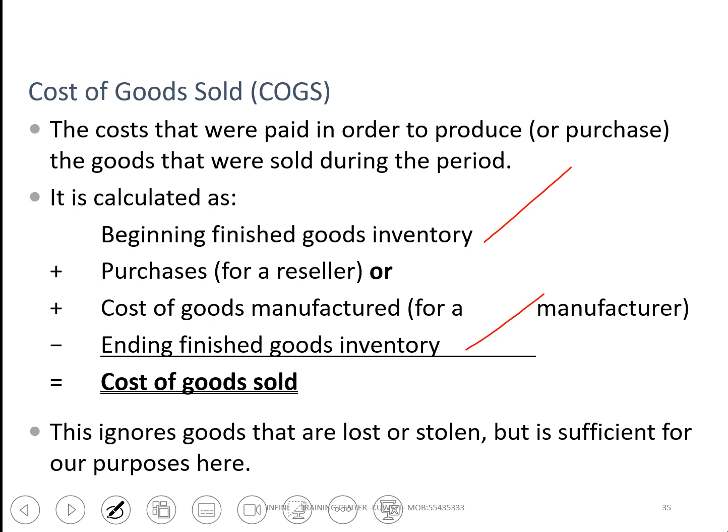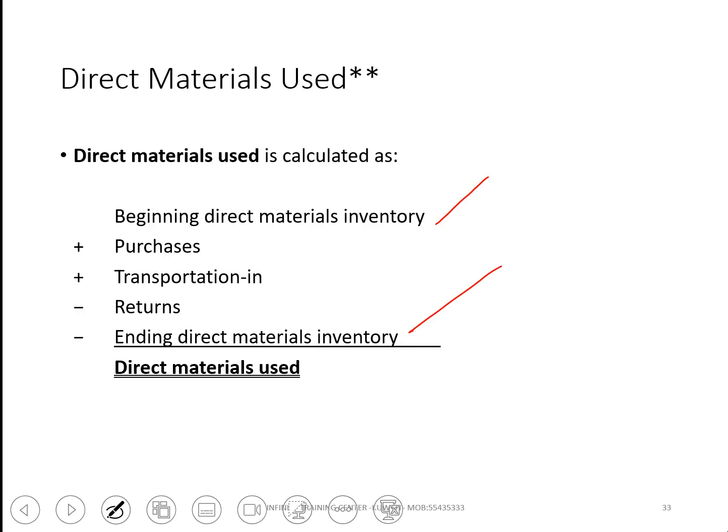Anyway, we will do the question at that time, we will see that. So here in short, we will add all the beginning inventories and we will minus all the closing inventories. So these are the formulas to calculate cost of goods sold.